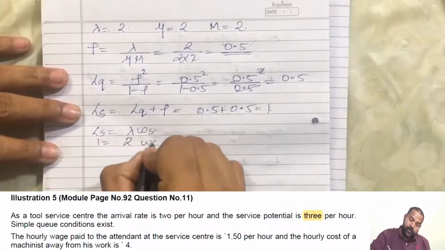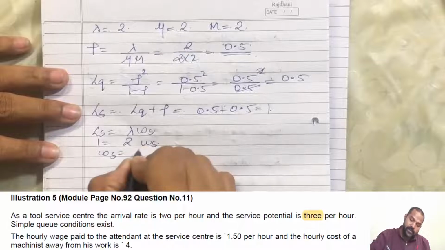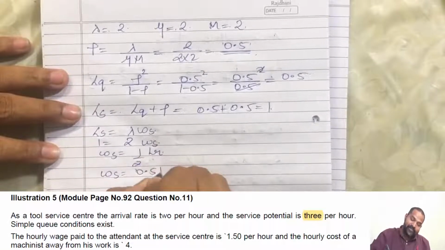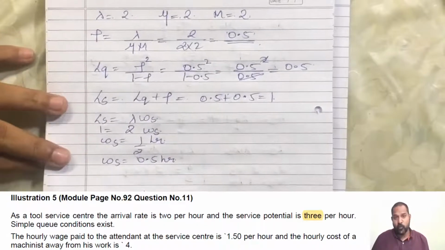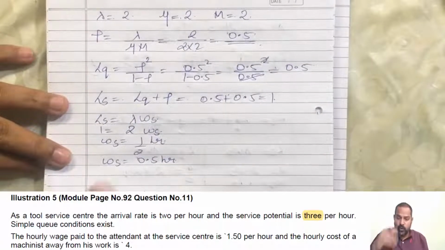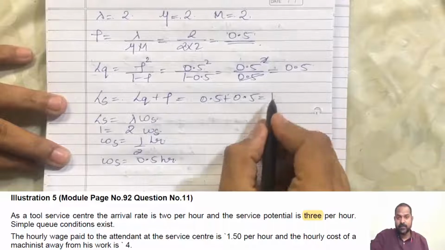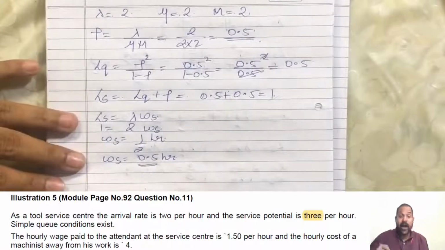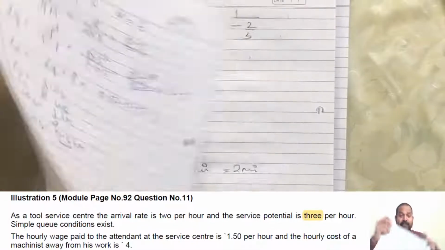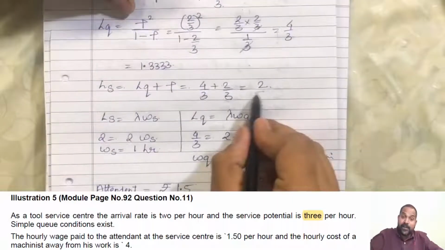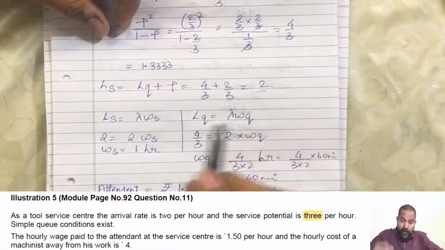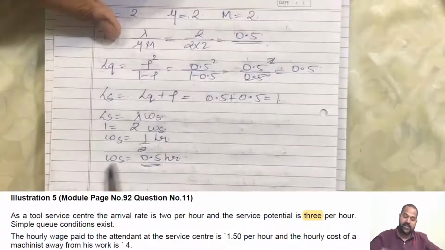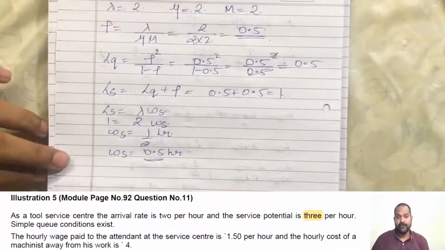Lambda is 2 WS, or WS is 1 by 2 R, or WS is 0.5 R. So if you now notice, whenever I go, there is 1 person in the system, but that 1 person is only stuck in the system for half an hour. Initially, whenever I went, there were 2 people stuck in the system and every person was stuck for 1 hour. Now, there is only 1 person stuck in the system for half an hour.